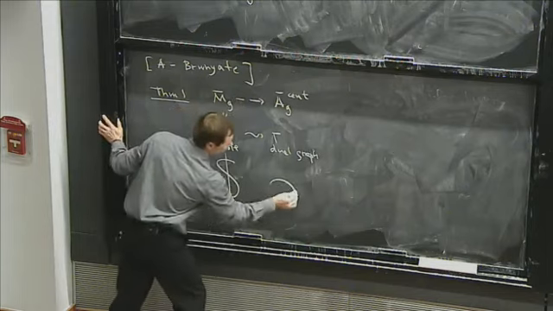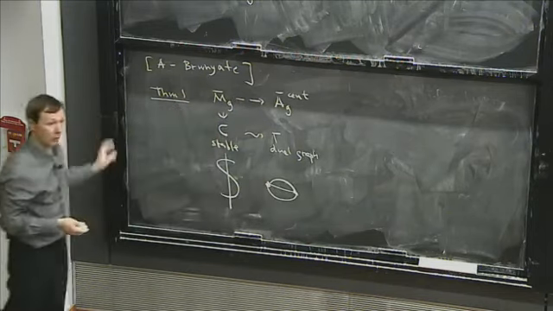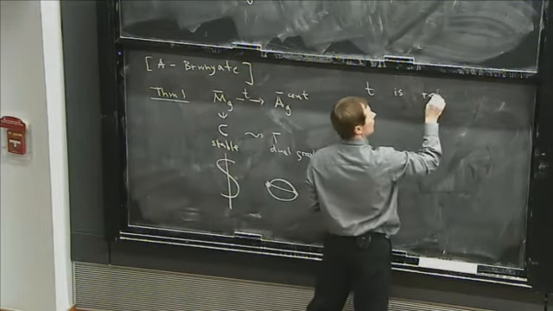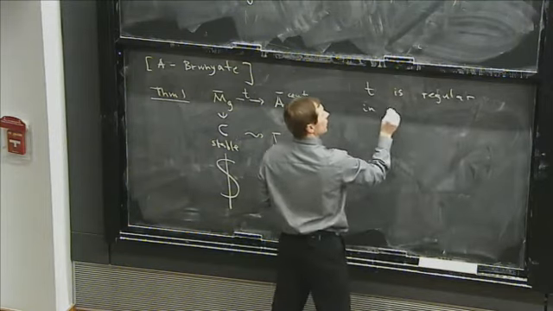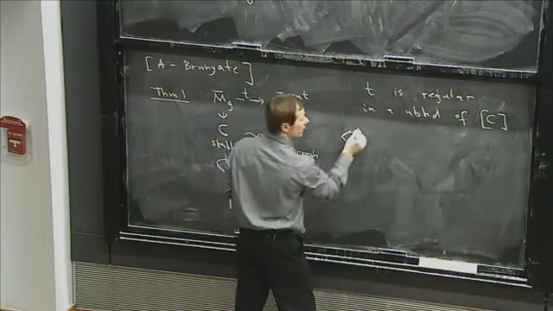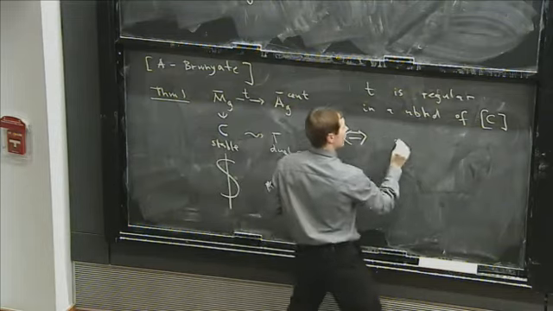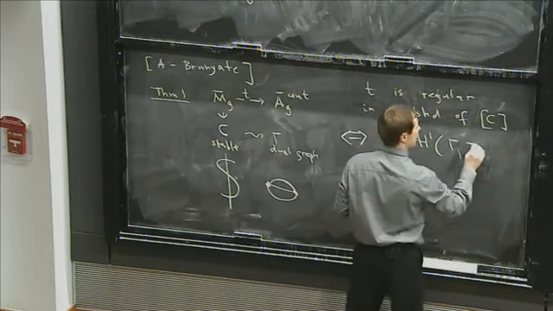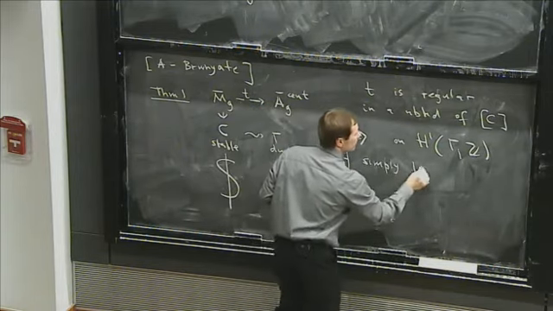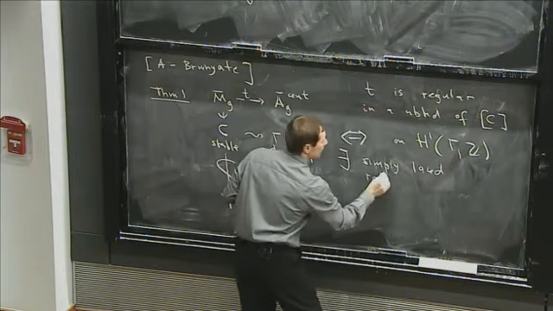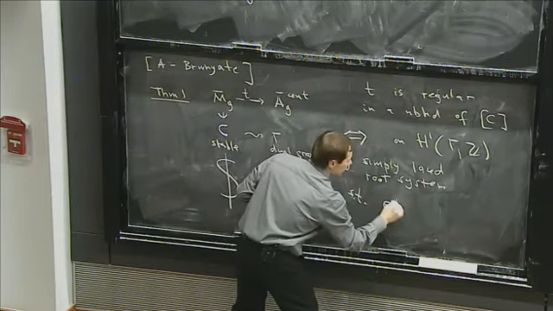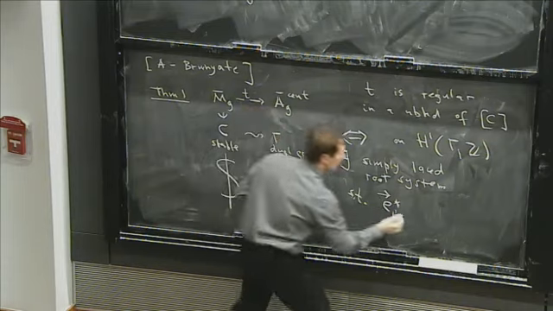Then this map T is regular in a neighborhood of this curve C if and only if on the first cohomology of this graph there exists a simply laced root system such that the vectors corresponding to the edges are roots.